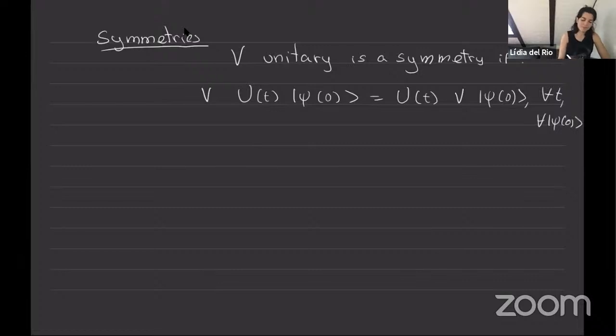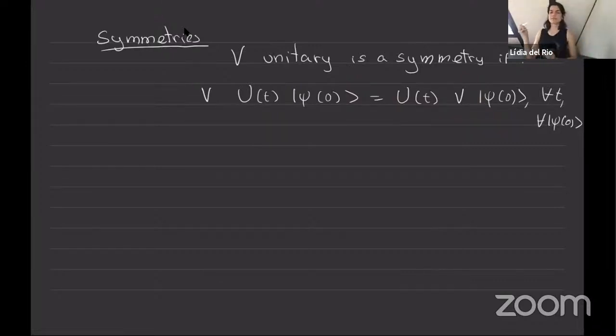Okay. So they're saying that taking our initial state, evolving it in time, and then applying this unitary is the same as taking the initial state, applying the unitary, and then evolving the result. Okay? Let me give you an example.